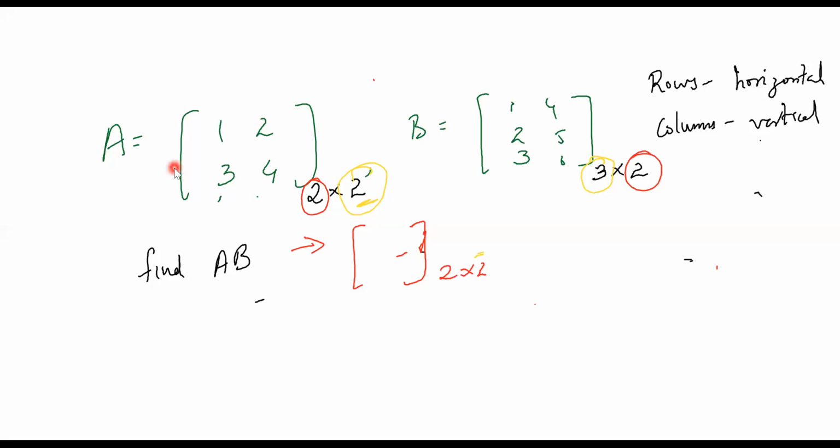I'm telling you about two things, A and B. If I'm multiplying these, I should know what kind of matrix I'm getting. This is a 2 by 2 matrix. This is a 3 by 2. 3 by 2 in the sense 3 rows are there: first row horizontal, second row, third row. 2 represents columns. So the first element represents 3 as rows, the second as columns. So the yellow part which I have circled here, I will remove it.